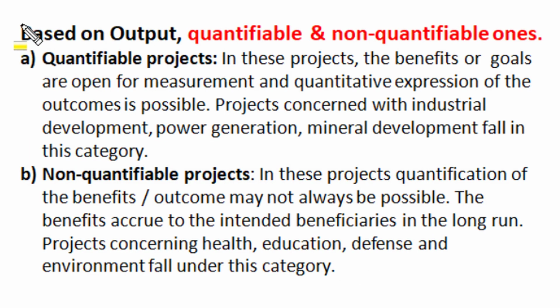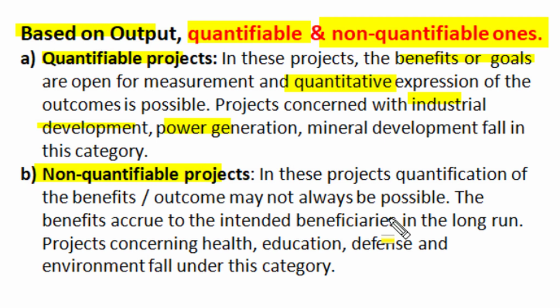Based on the nature or type of output, projects are known as quantifiable projects or non-quantifiable projects. Quantifiable projects are those projects where benefit and goals are open for measurement. We can measure the output of projects in quantitative terms. Projects concerned with industrial development, power generation, mineral activity all fall in quantifiable projects as their output is measured in quantitative terms, whereas non-quantifiable projects are those where the benefit and outcome of the project may not be measured in quantitative terms.